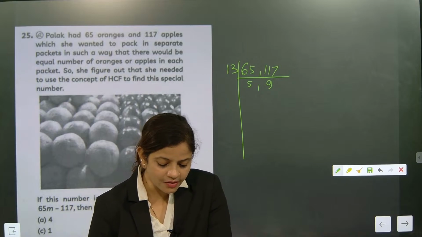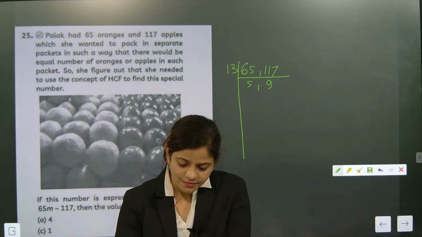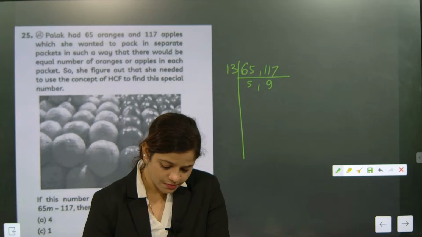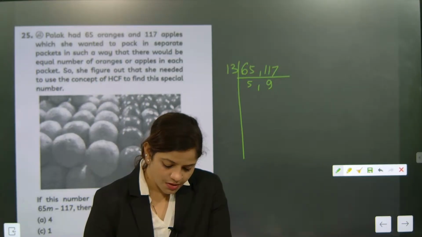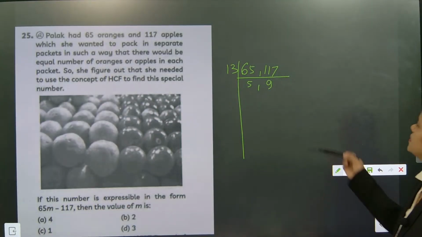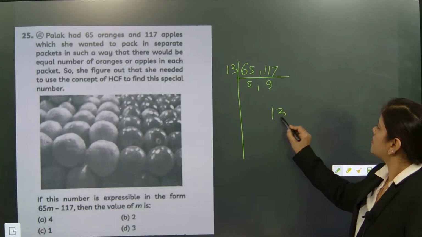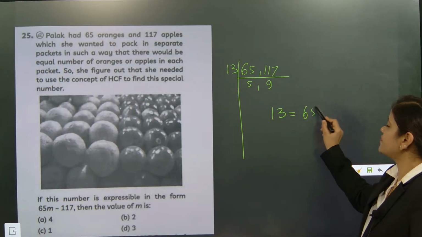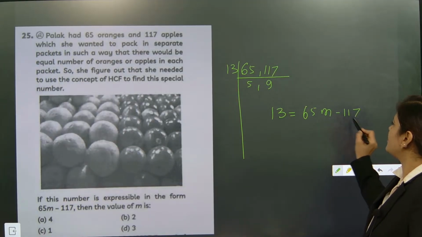So what is the answer coming? Solve this 65 and minus 100. Can we add this one?